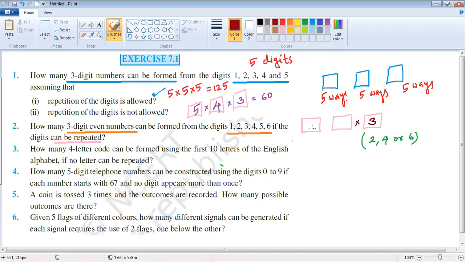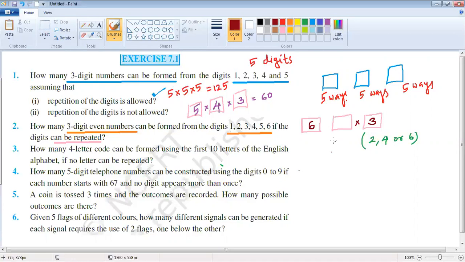Now for any of the other positions, maybe the first position, there are a total of 6 digits. Repetition is allowed, that's why the digits can be repeated. So the first digit, or the 100th position, can be possible in 6 different ways.